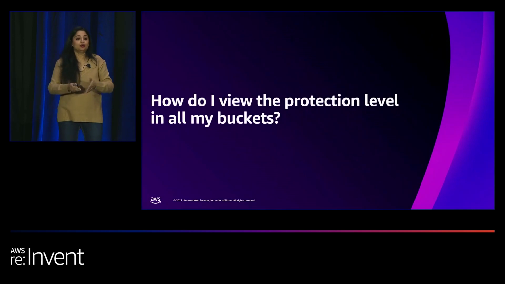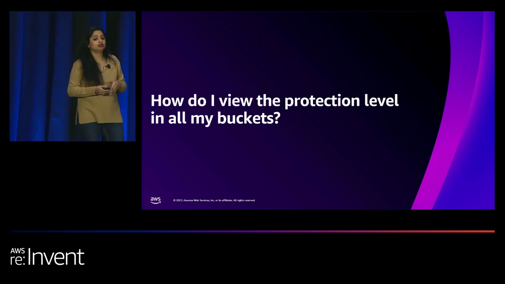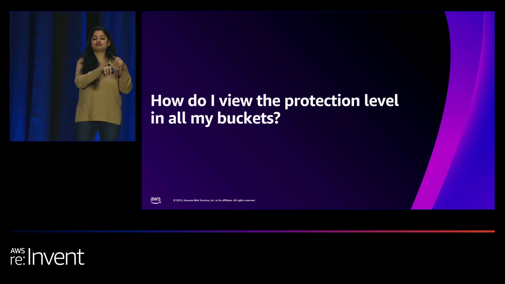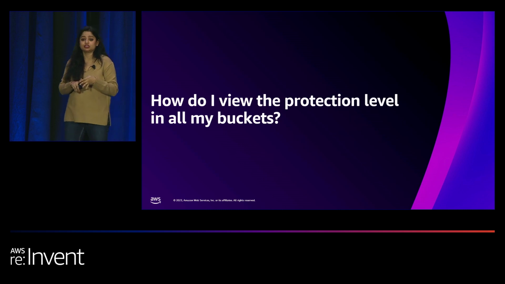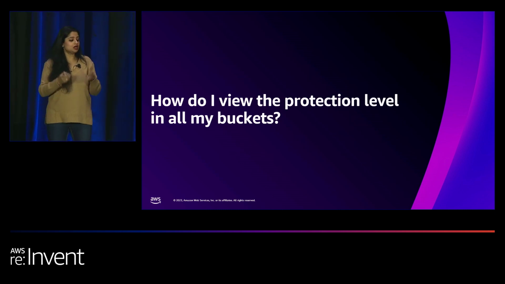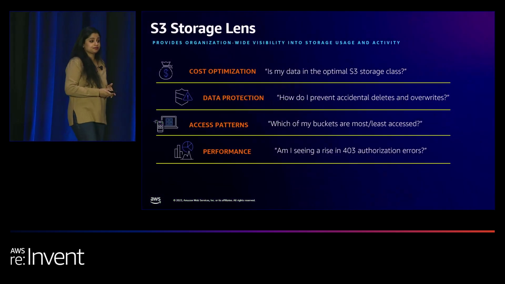Recap: now we have spoken about different features of S3 that can help you protect your data. We spoke about S3 versioning, S3 replication, S3 object lock, and S3 multi-region access points. With so many different features, it can be difficult to visualize the protection level on your S3 buckets. And this is where we offer S3 Storage Lens.